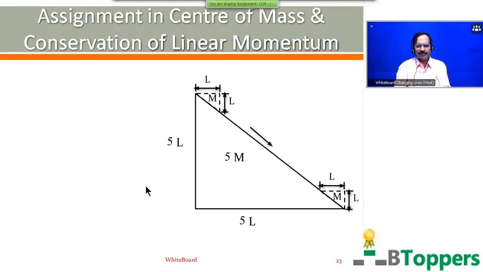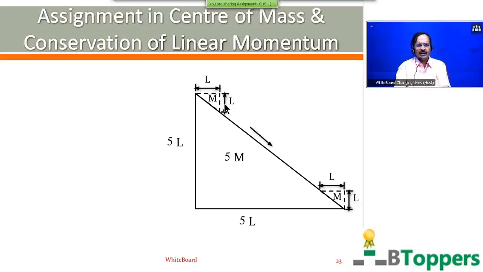Once you look at the diagram, the bigger prism has mass 5 into capital M, smaller prism has mass capital M. Length of each one of the 2 perpendicular edges of the bigger prism is 5L and 5L.